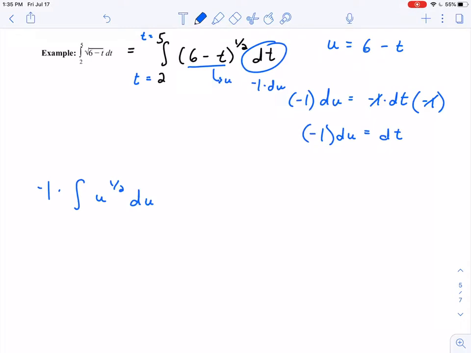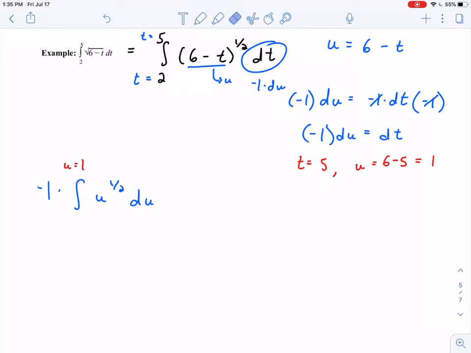So let's do that down here. Let me do that in a different color. When t equals 5, u equals 6 minus 5, that's equal to 1. So look at where 5 was. 5 was my upper limit of integration, which means that 1 is my new upper limit of integration in terms of u. This is really u equals 1.